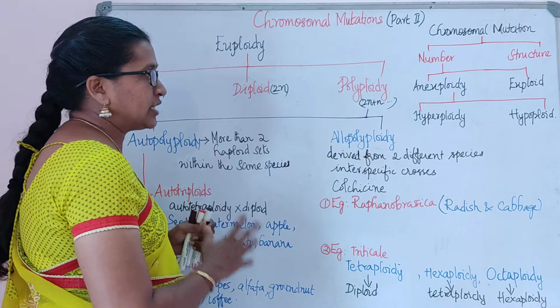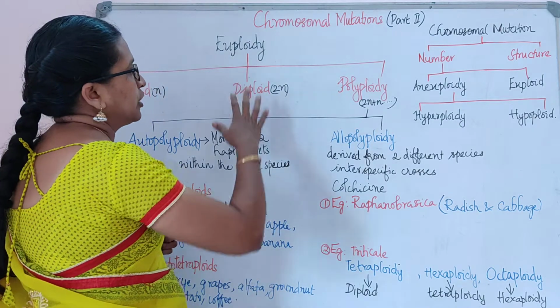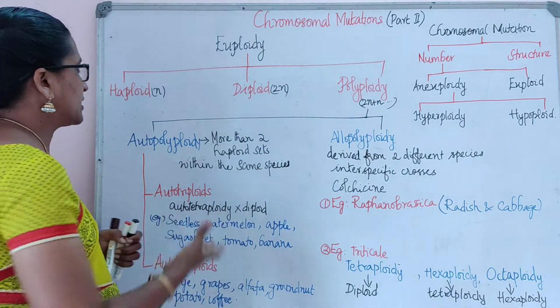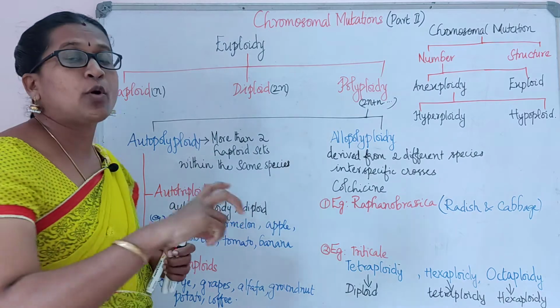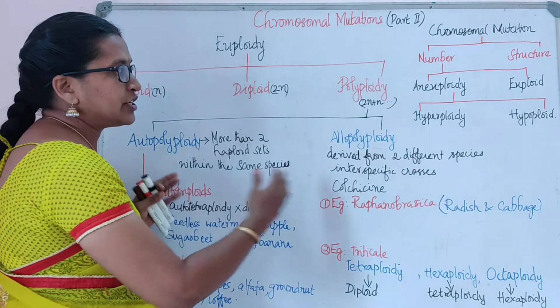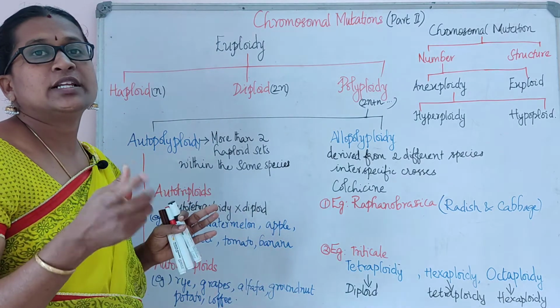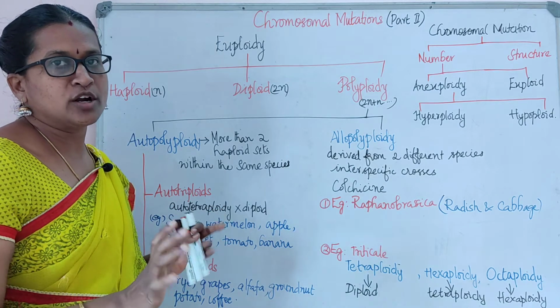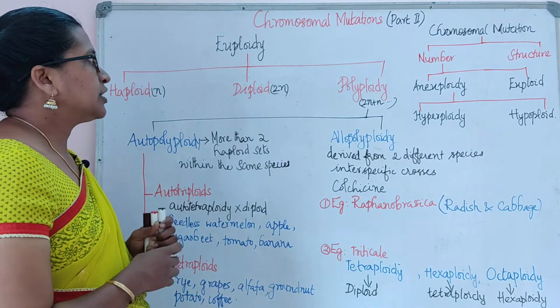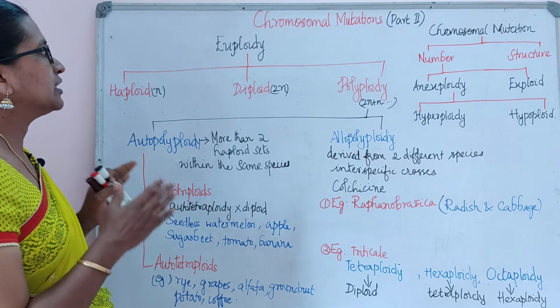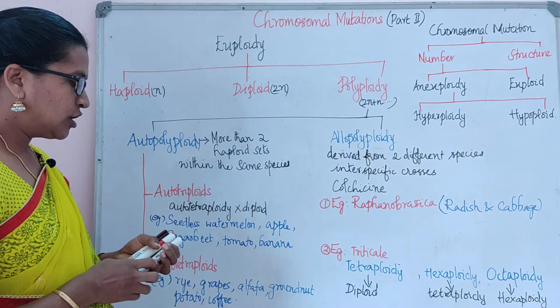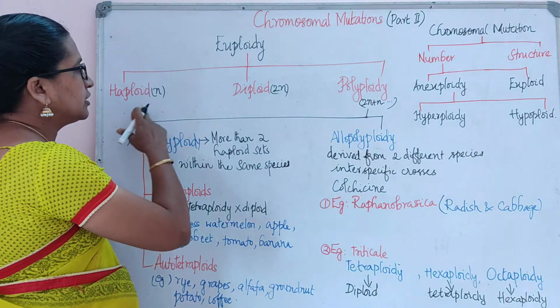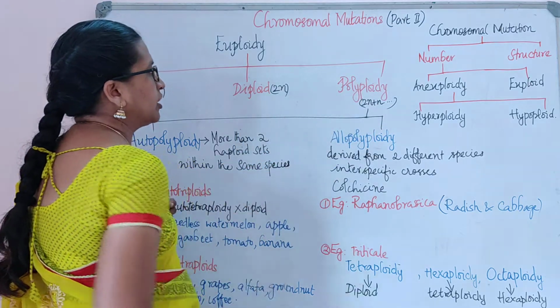But when it comes to euploidy, we explain it as haploid, diploid or polyploidy. All the deviations here we tell as ploidy and not as somy, right? So euploidy is divided into three types: haploid, diploid and then polyploid.